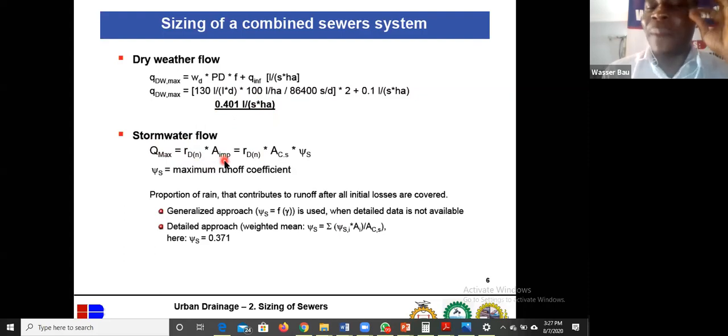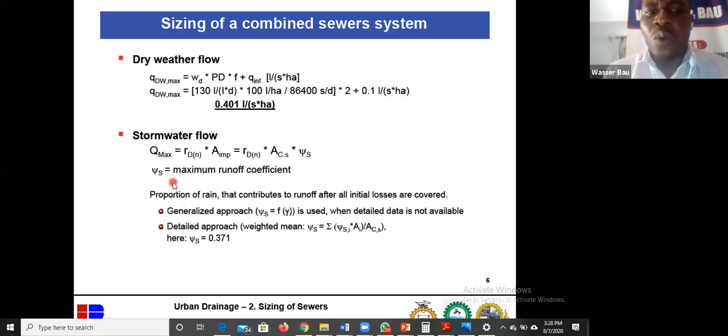Now, I did not multiply by the area, but I multiplied by the impervious area, meaning that this impervious area is the area contributing to runoff. If you expand it, the impervious area is gotten by multiplying the total area, or the subcatchment area, by the specific runoff coefficient of that catchment.